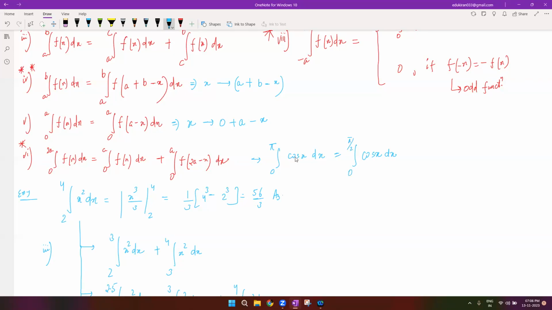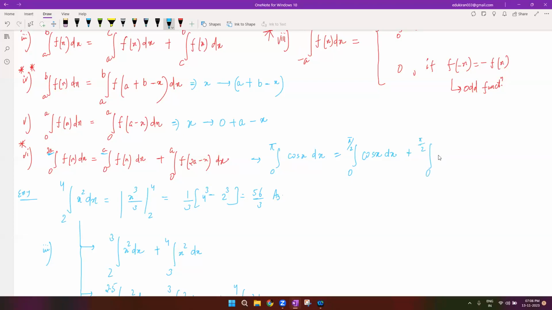So I can write the integration of cos x dx from 0 to pi as the integration of cos x from 0 to pi by 2. You can see this is 2a, and this is a, right?